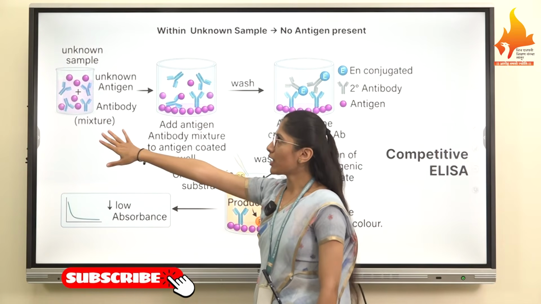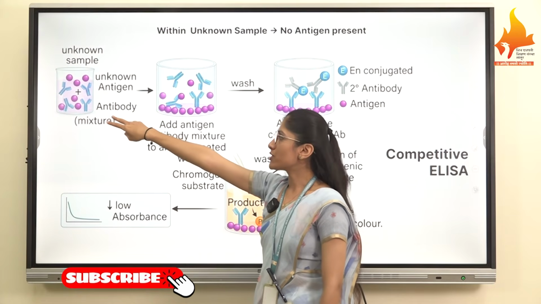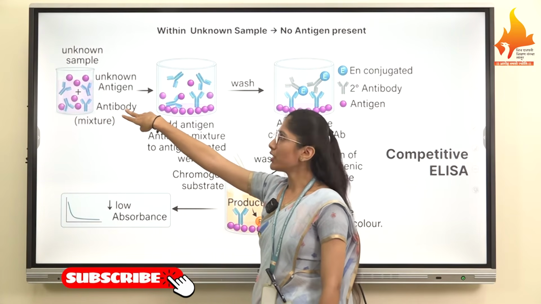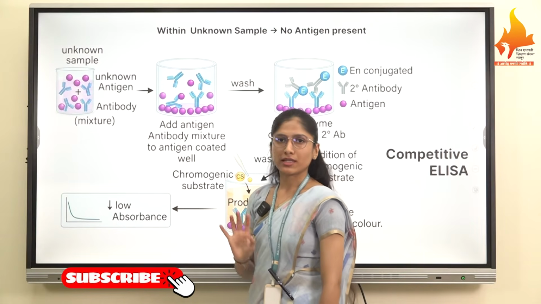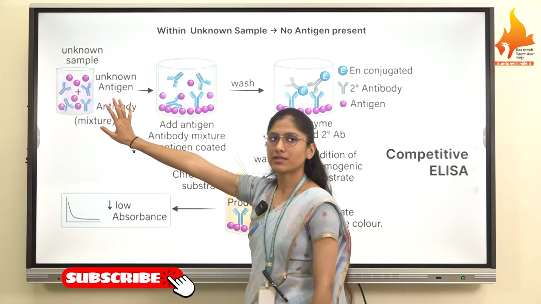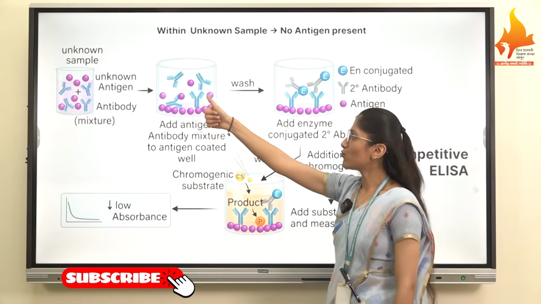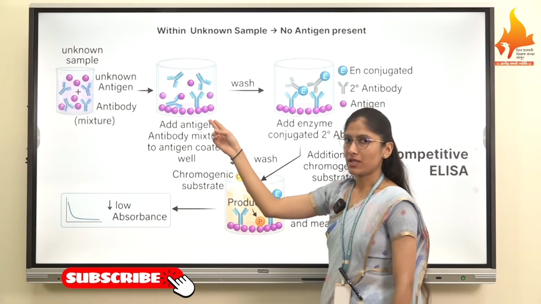So here the mixture is the unknown sample plus antibody of known concentration. In the unknown sample, antigen is absent. That is the mixture. Then washing is required. So this is the antigen coated well.